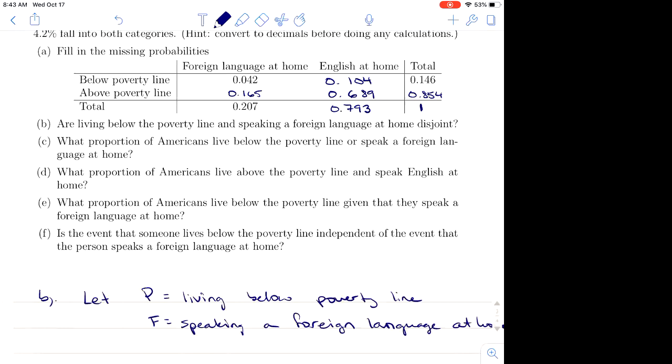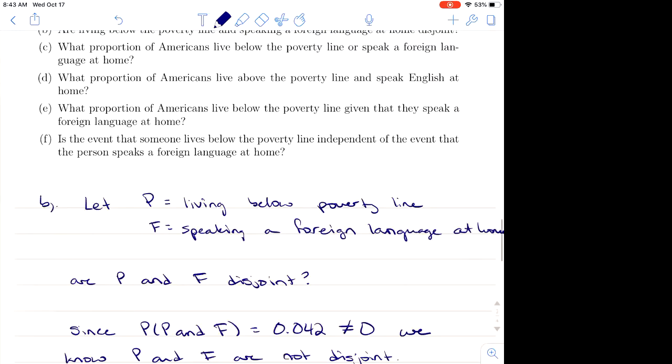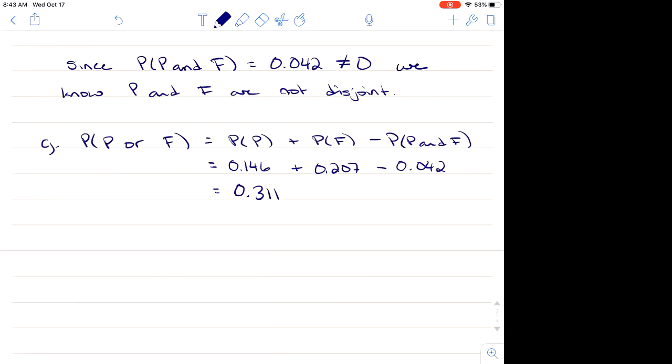Okay. So in probability notation, you would say the probability of not P and not F is 0.689 from the table.